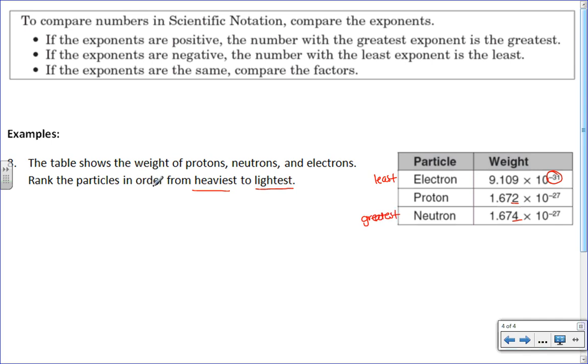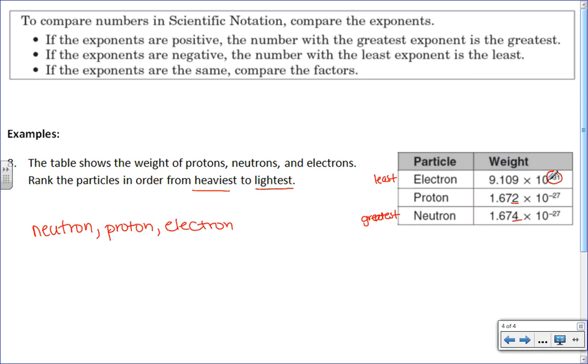Okay. So in order from heaviest to lightest, heaviest would be the one that has the highest weight or the greatest weight. So that would be the neutron. And then the one in the middle is the proton. And the lightest would be the one with least weight, which is the electron.